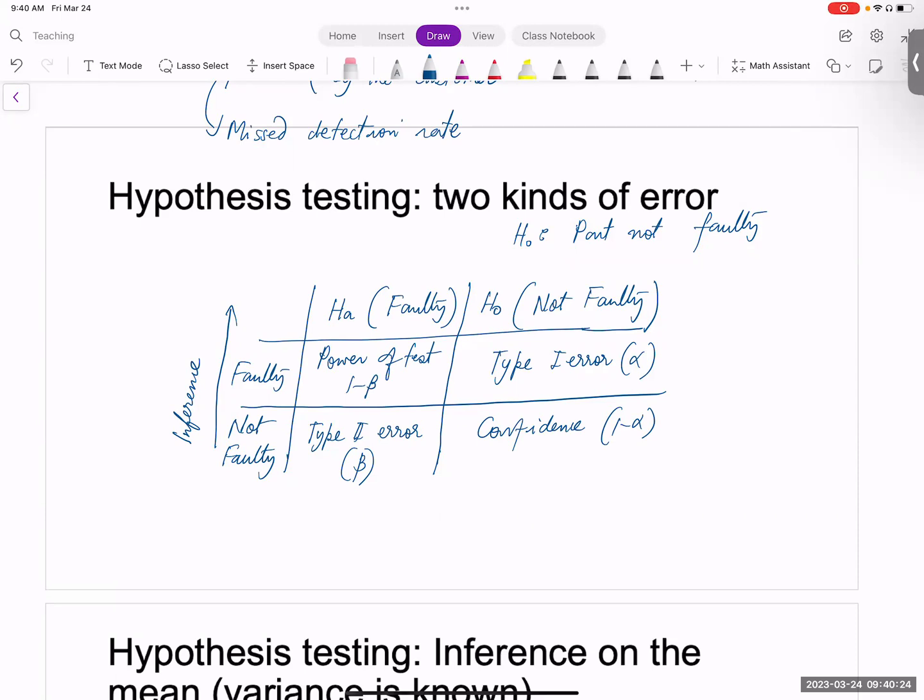Again, power of test is a very useful measure for doing lots of statistical hypothesis testing. And this table right here is surprisingly called a confusion matrix.